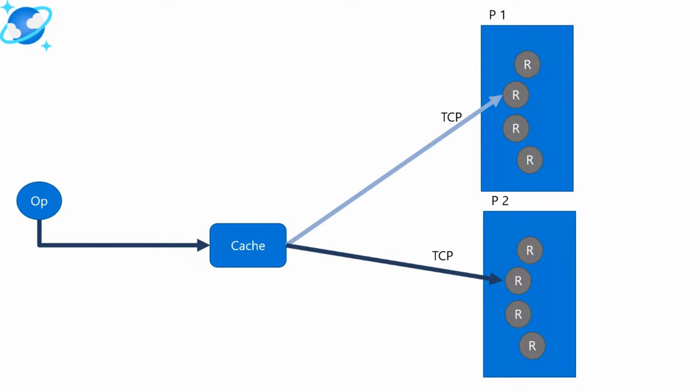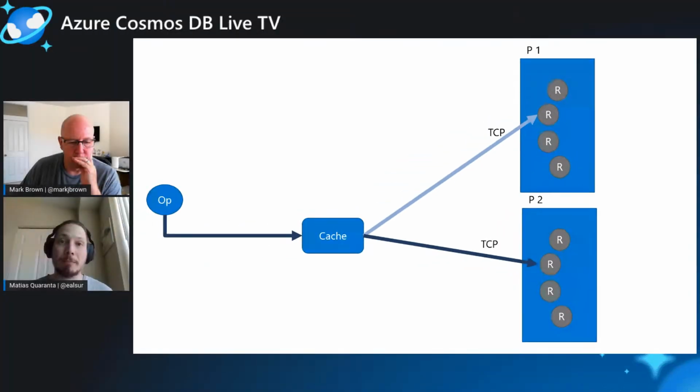Obviously, this example has only two partitions, but this is where you start to see why direct mode might have more connections than gateway mode. As your collection has many partitions, these TCP connections need to be established to the different partitions as your operations keep happening. So this is what happens under the hood whenever you start to perform operations.